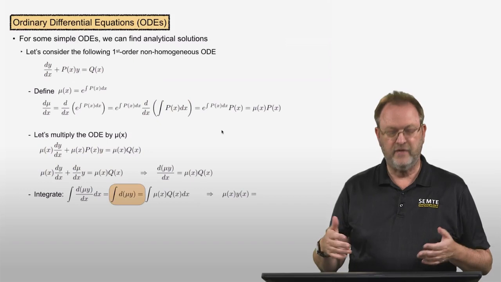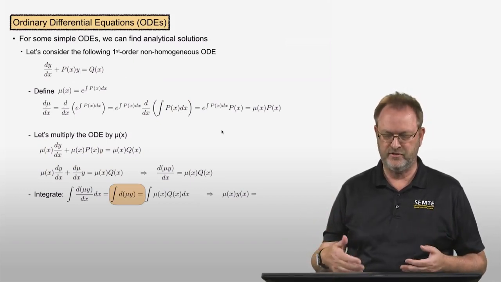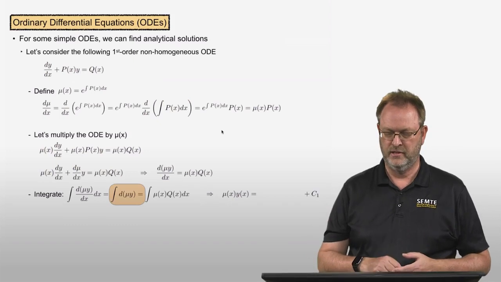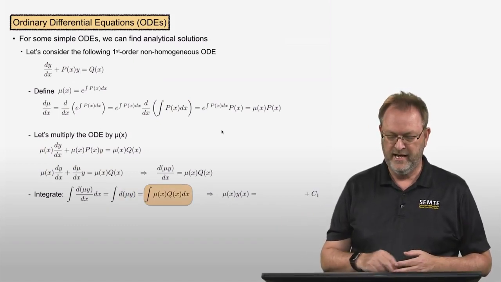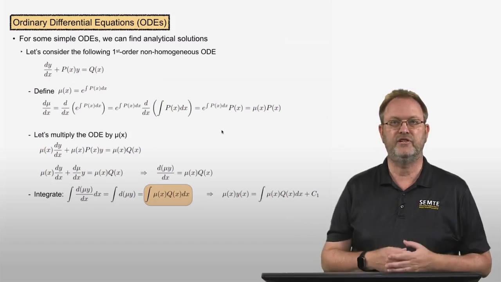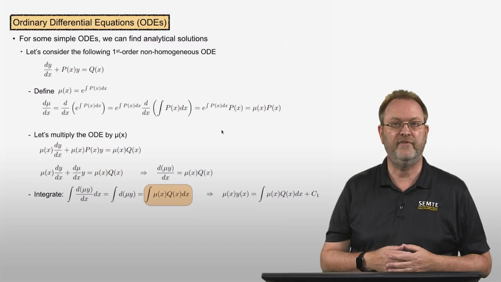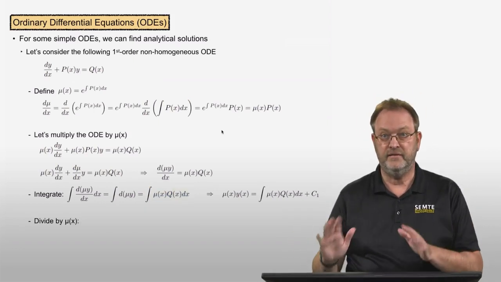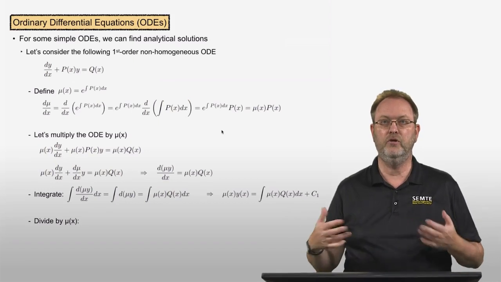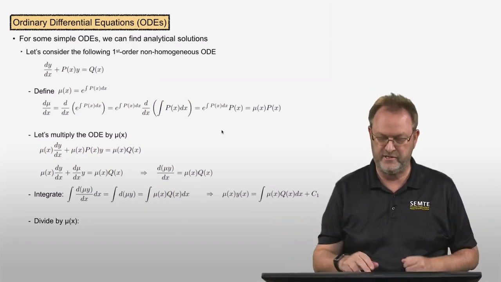So the integral of d(mu y) is just mu of x times y of x. Then we have to add an integration constant, c1. And on the right-hand side, we still have just the integral of the product of mu of x times q of x dx. Now let's divide this equation by mu of x because we're interested in the solution to the ODE, y of x.